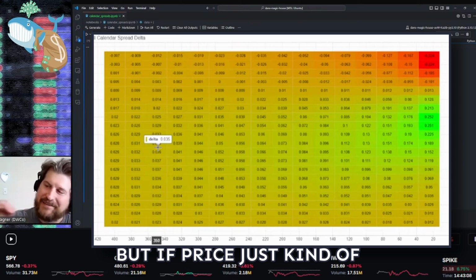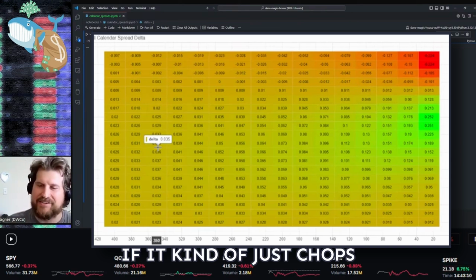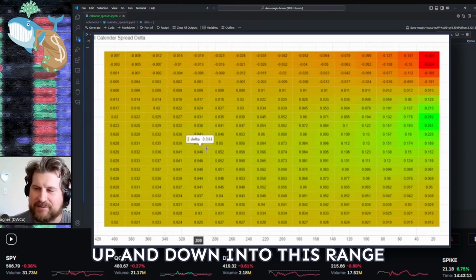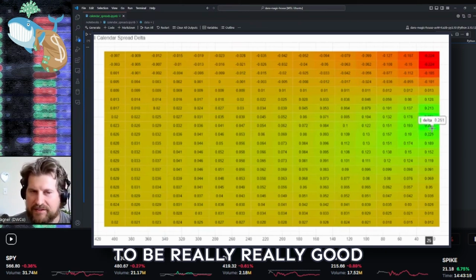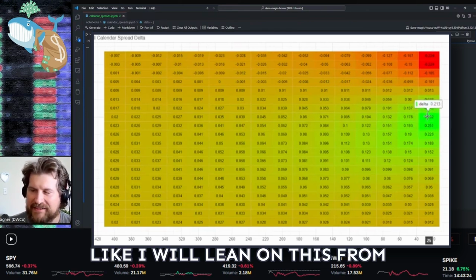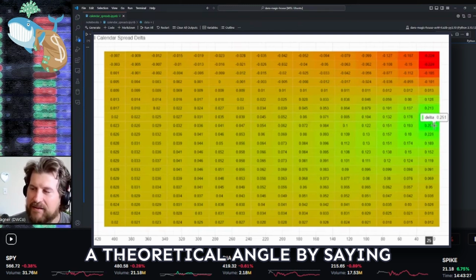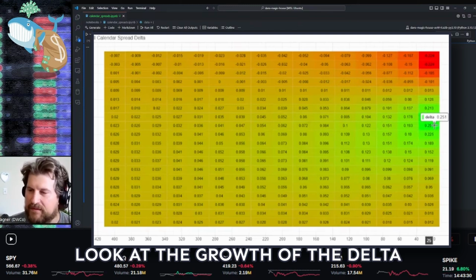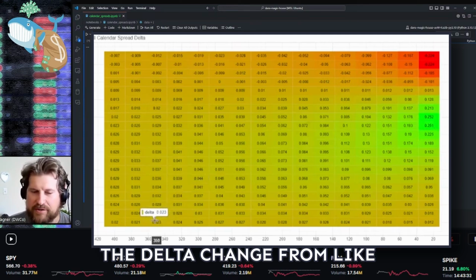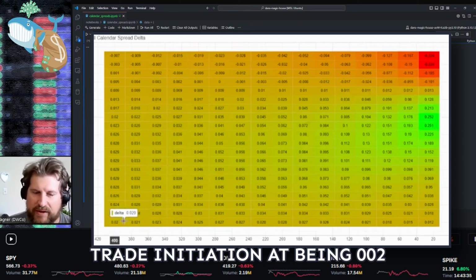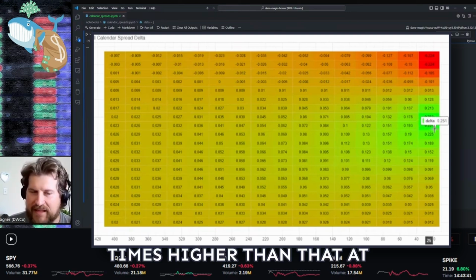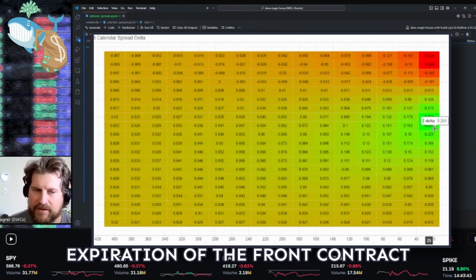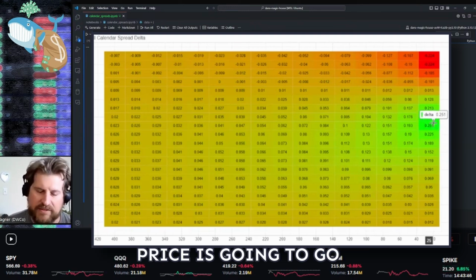But if price just glides in one direction, or if it chops up and down into this range, then your payoff is going to be really, really good. And again, I will lean on this from a theoretical angle by saying, look at the growth of the delta. The delta change from trade initiation at 0.02, 0.023, relatively low, to being 10 times higher than that at expiration of the front contract where you're predicting price is going to go.